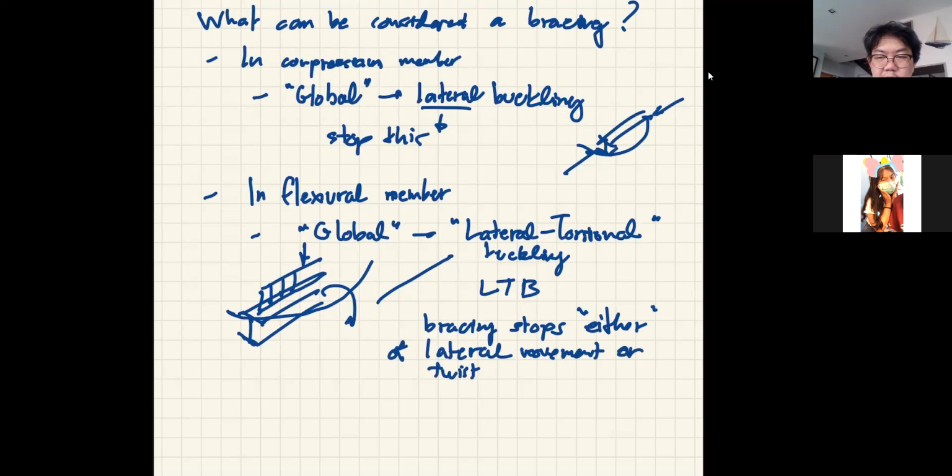If you can prevent your beam from moving laterally, or if you can prevent your beam from twisting, the distance between the members that can help prevent those things is considered the unbraced length. I would like to mention this first because I began with the real picture, in the hope that you can see the behavior.